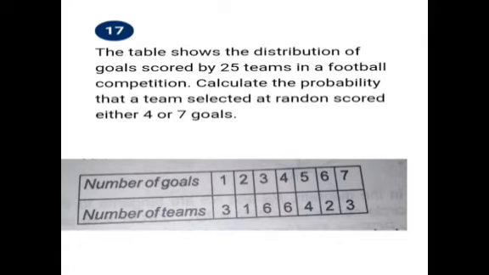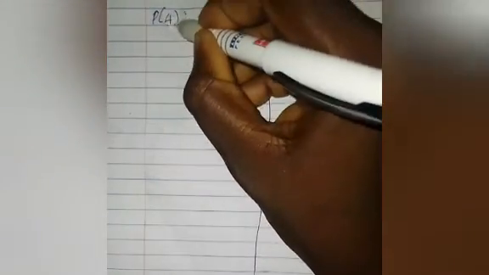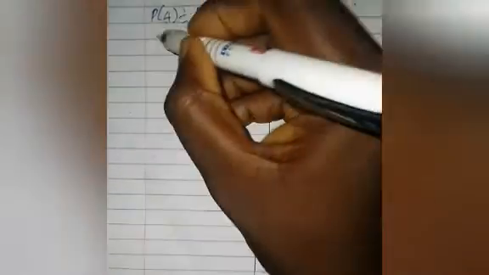17. The table shows the distribution of goals scored by 25 teams in a football competition. Calculate the probability that a team selected at random scored either 4 or 7 goals. Probability that the team selected scored 4 goals is 6 over 25.